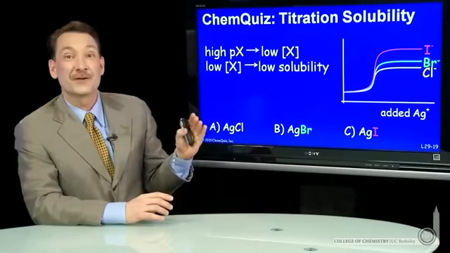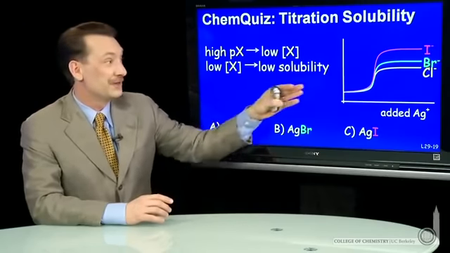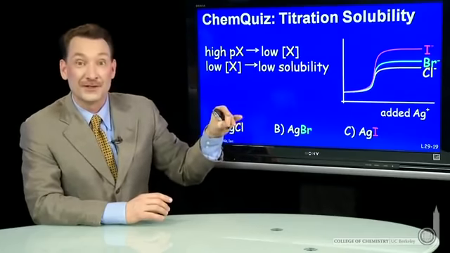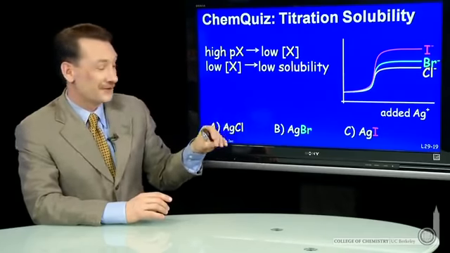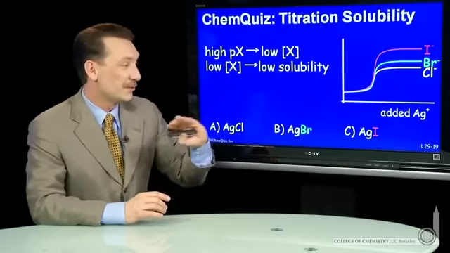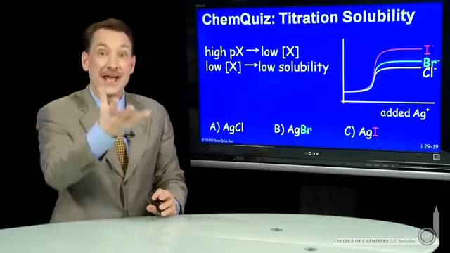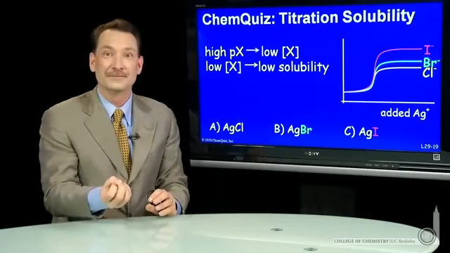We're looking at the titration of sodium salts, sodium chloride, bromide, or iodide, with a silver solution. And the silver salts, silver chloride, silver bromide, and silver iodide are insoluble. So they precipitate out of solution.